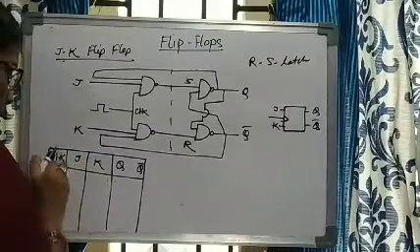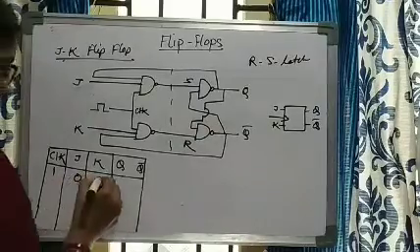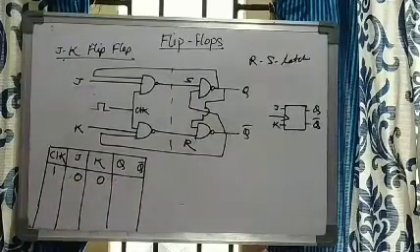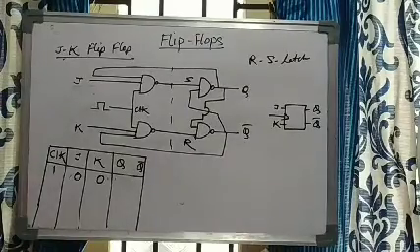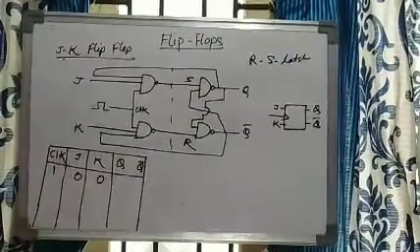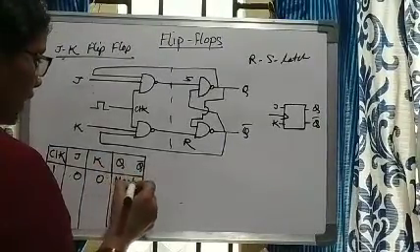Okay, now when the clock pulse is 1, the first case is 0, 0. It is the same as your RS flip-flop. When there is 0, 0, there is no change.